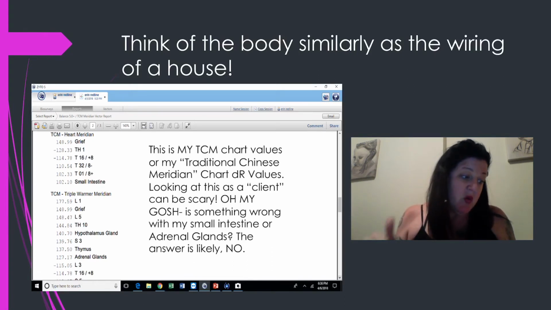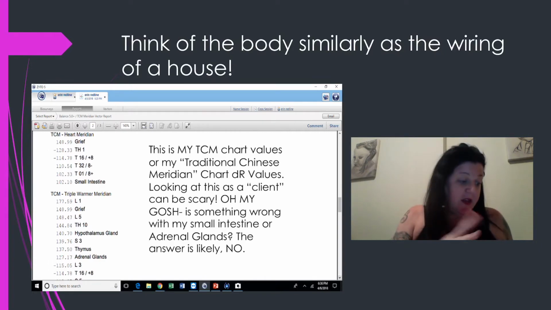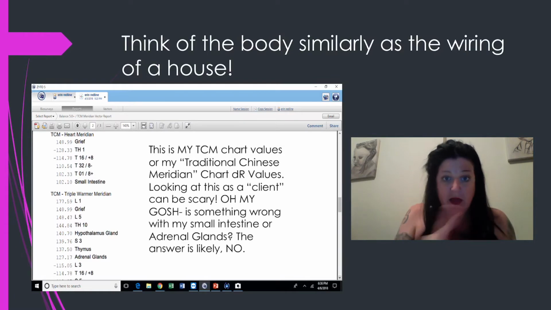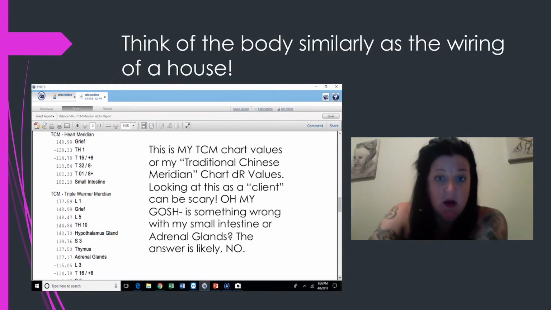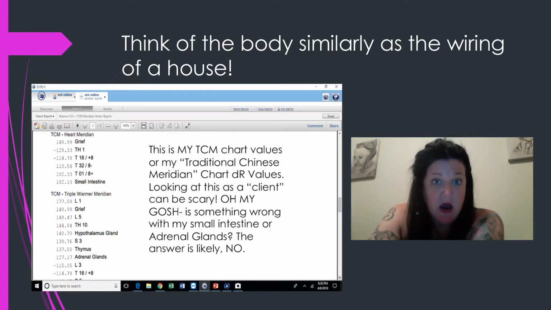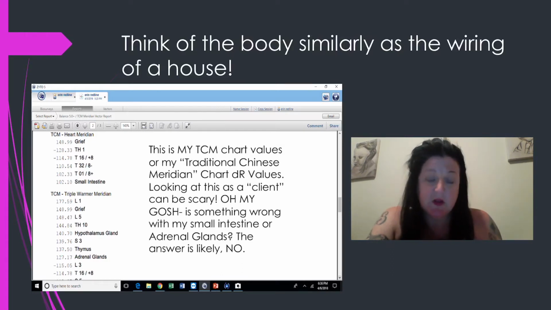Or you have wiring going from the light switch to the light. And if anything is off in between there, then it can cause the circuit breaker to blow. The same thing goes with the TCM meridians, all right, the traditional Chinese meridians.